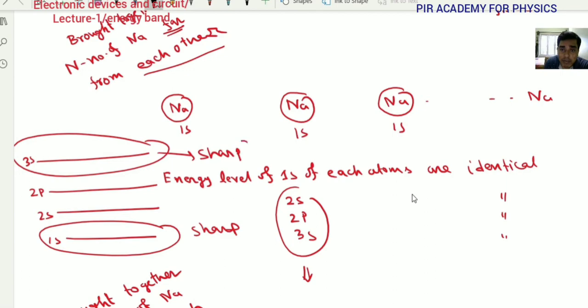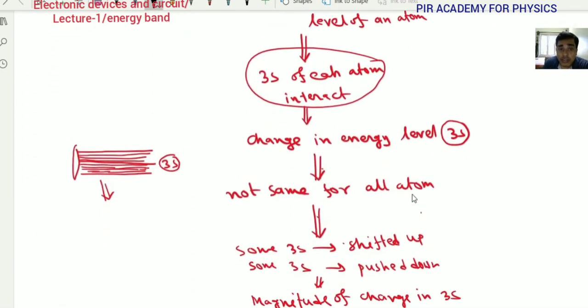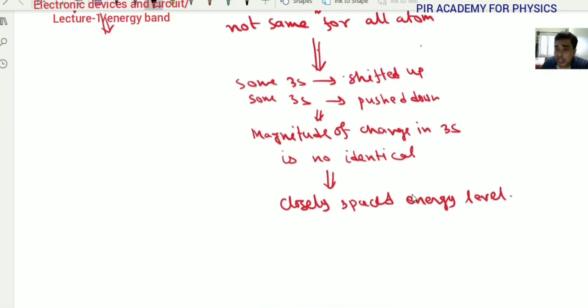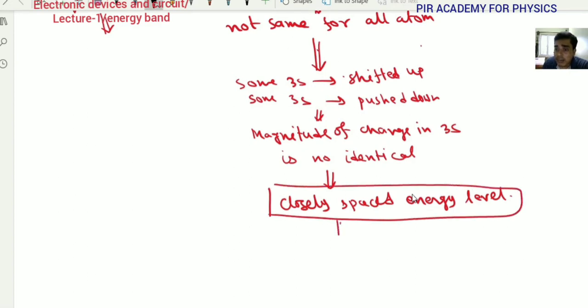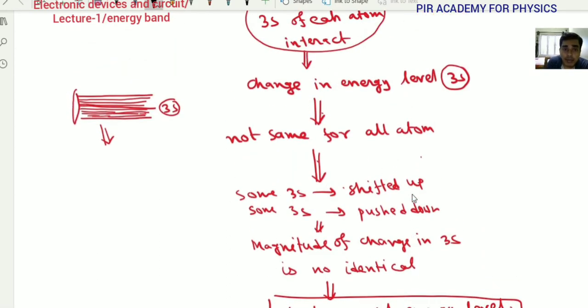But for the interaction, the energy level is not sharp. This is a closely spaced energy level. Okay, these closely spaced energy levels create an energy band. This is the process. So this is a 3s energy band.